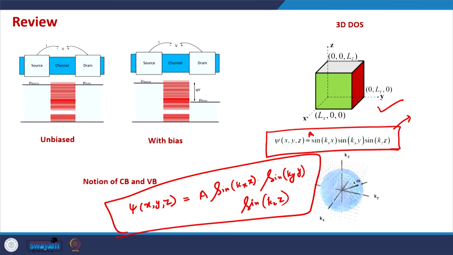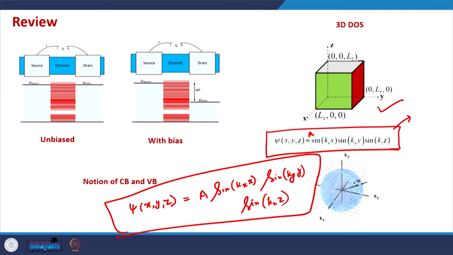A 3D solid will have various lattice points in the solid. So, because of that there will be a crystalline potential. Electrons flowing in this 3D material will be interacting with that crystalline potential.